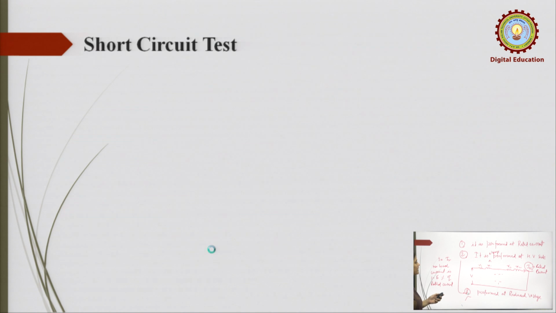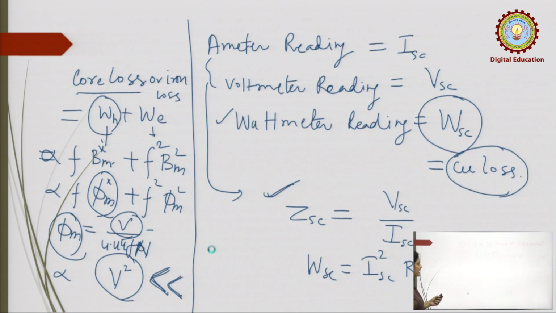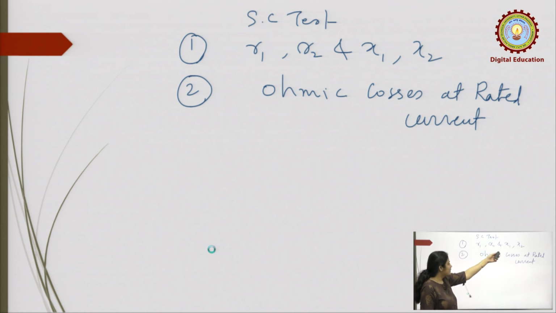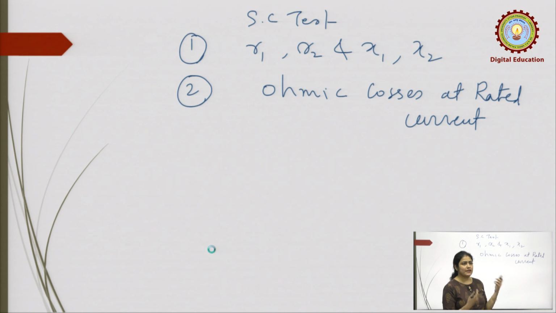Now, this is the short circuit test, and with this test you will get R1, R2 and X1, X2 and the ohmic losses at a rated current. Open circuit gives you the core losses and short circuit test gives you the ohmic losses.